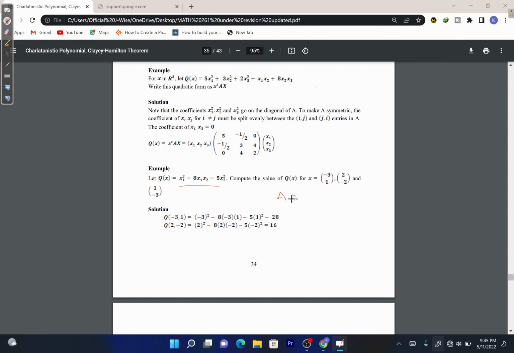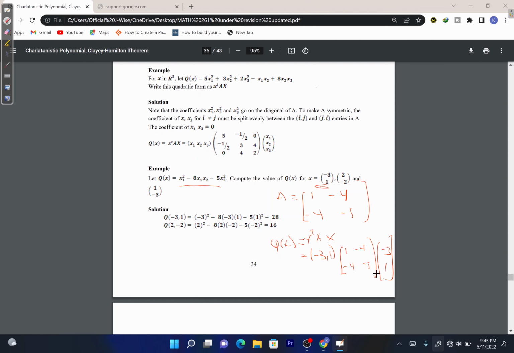So our A is given by 1, -4, -4, -5, and we can write q of x as x transpose A x. When we consider the first vector, -3, 1, the transpose is -3, 1, then matrix A, 1, -4, -4, -5, then -3, 1.